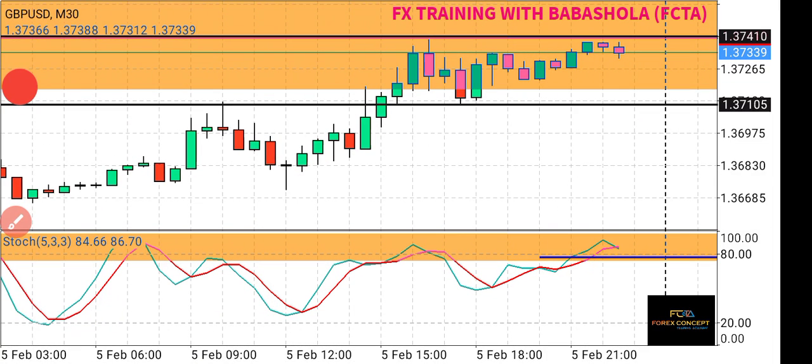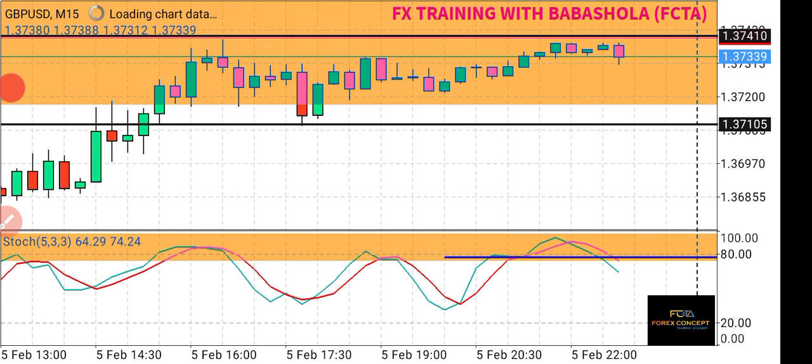I'm talking about this place. Okay, the green stochastic has crossed the red stochastic, and it looks as if they want to start crossing downward. So we're going to look at our M15 as our entry level. You can see that on the M15 the price is already going down, the stochastic too is already going down.